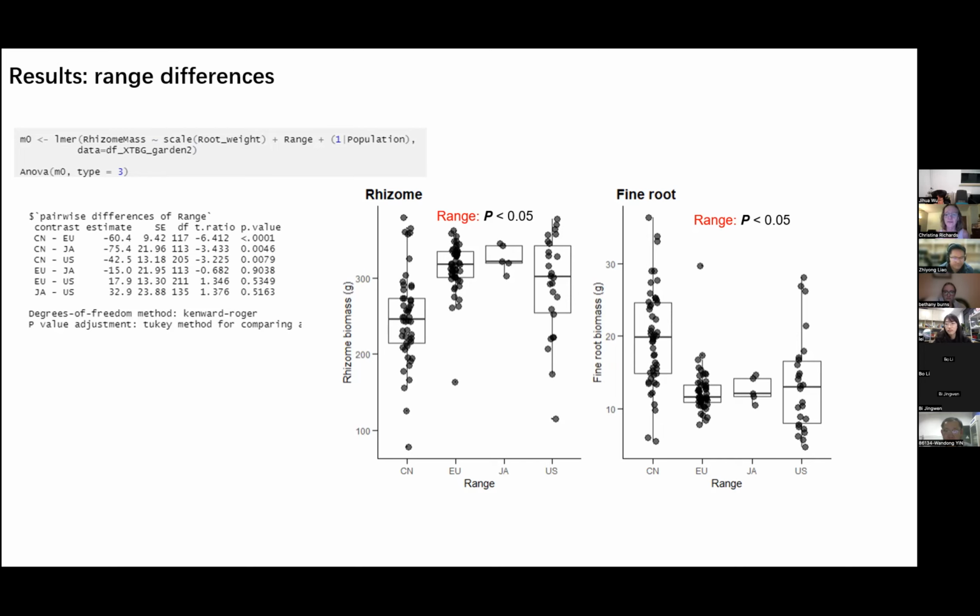Yeah, it's a nice story because most people don't have common gardens in so many different places. So it's nice to see how different they are and how similar in some cases, in terms of the differences in climate variables at different sites.